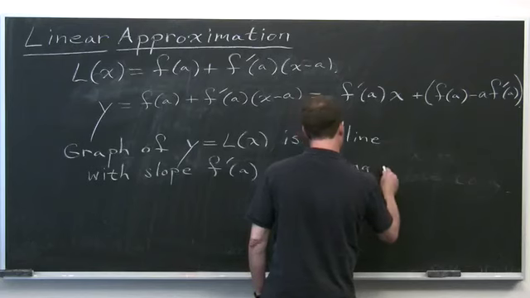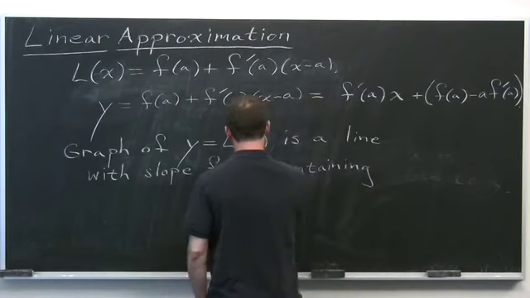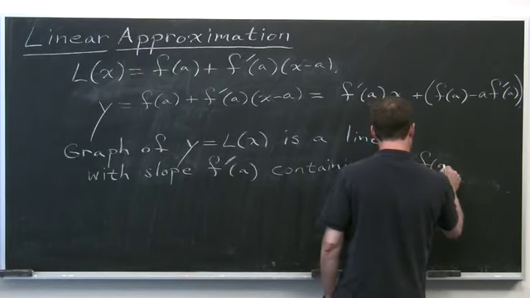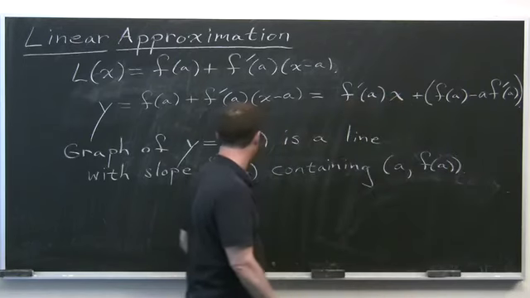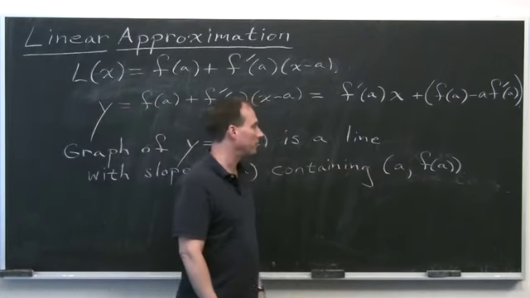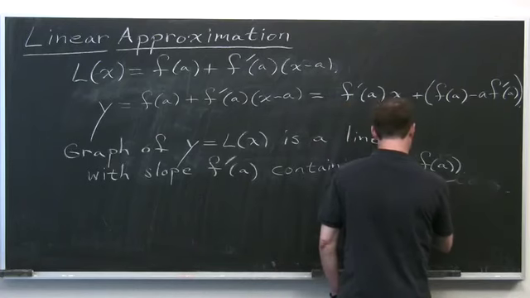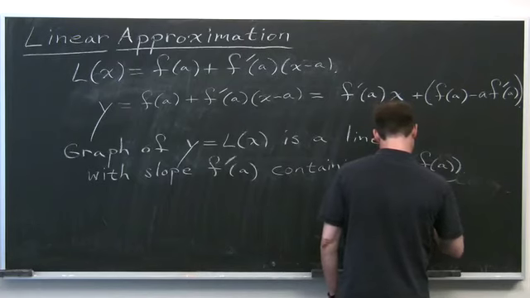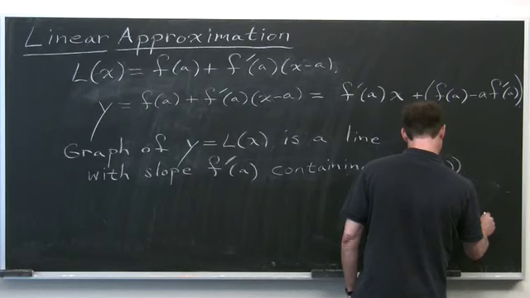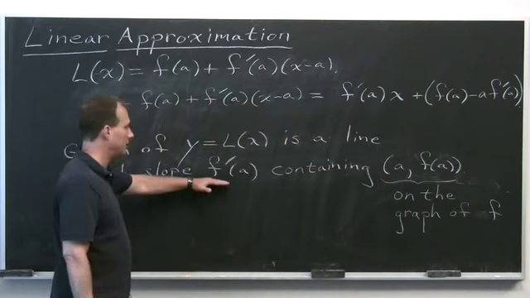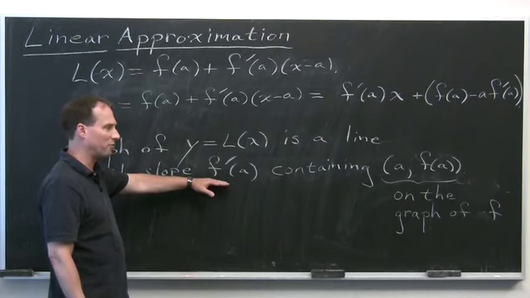So it's a line with slope f prime of a, containing the point a, f of a. Well, that's exactly what the tangent line was. The tangent line at the point a, f of a on the graph of f. So here's a point on the graph of f, and we take the line that contains that point with slope f prime of a.